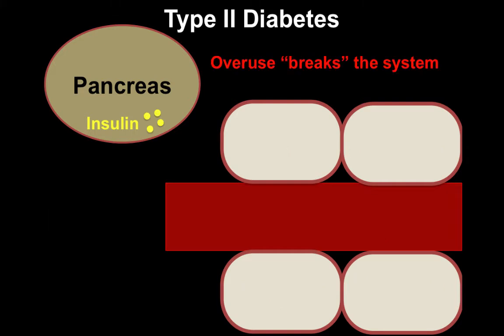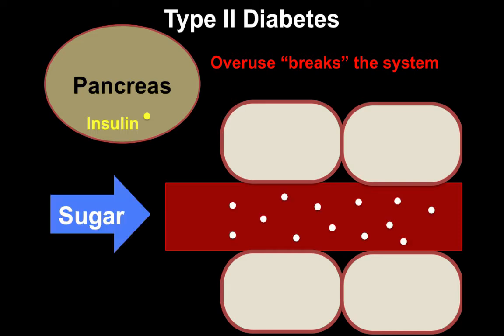Now, if you sit around and don't exercise, if you're obese, if you stuff sugar down your face all your life, you can end up breaking this system. Using it too much just breaks the system, and the pancreas can no longer create the amount of insulin that you need. So the pancreas stops working correctly.